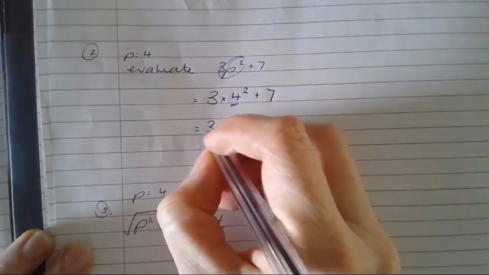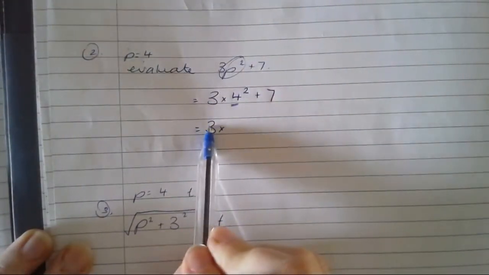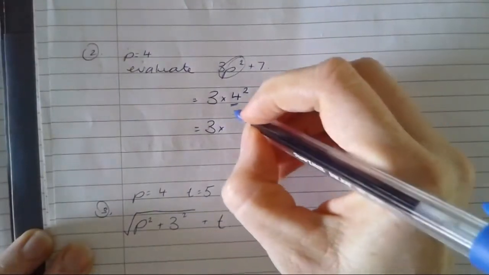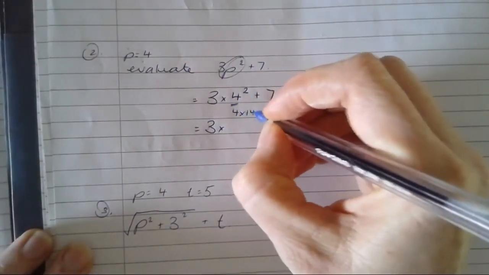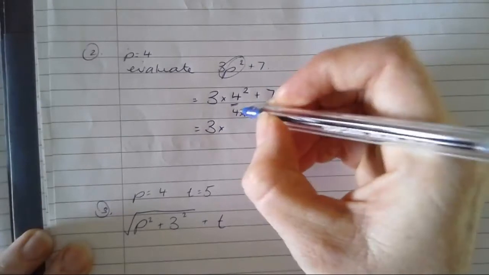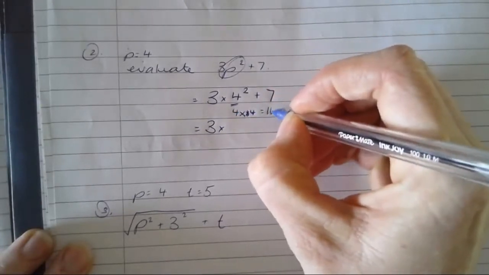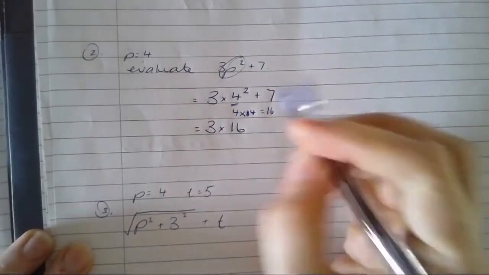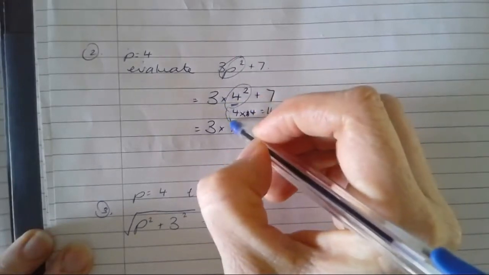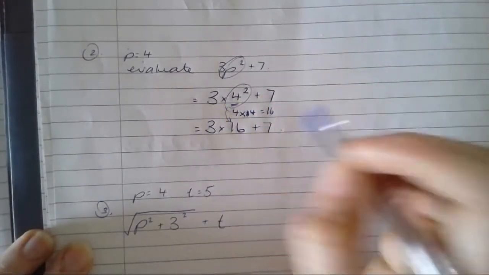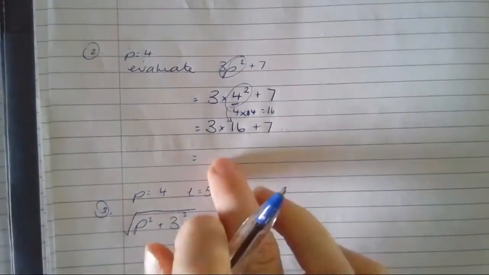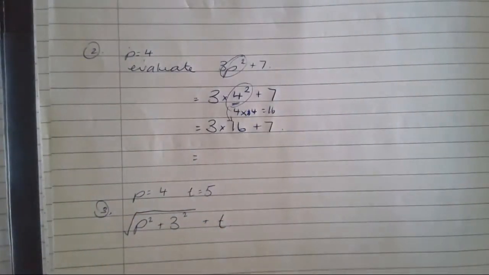I'm just rewriting now, nothing changes yet. 4 squared means 4 times itself. Whoops, I accidentally wrote 14 then. 4 times 4, so that's 16, plus 7. And now I've got 3 times 16 plus 7.